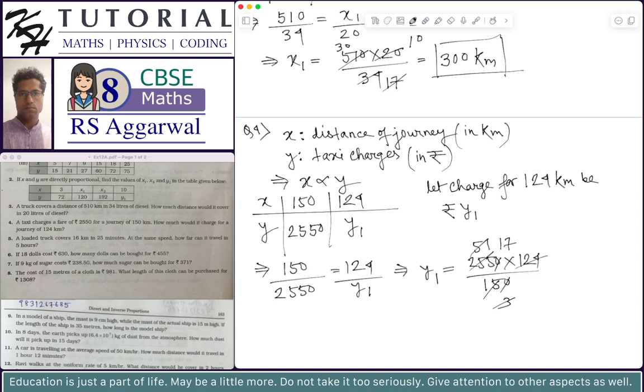So this is 17 multiplied by 124, which is 2108 rupees. So the taxi charge will be rupees 2108 for a journey of 124 kilometer.